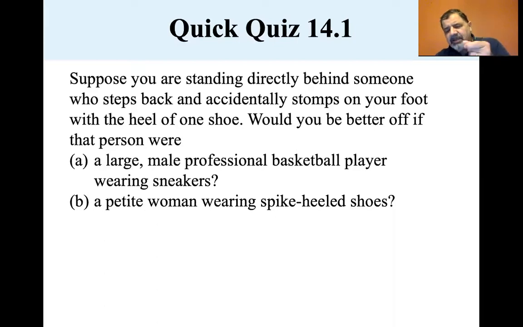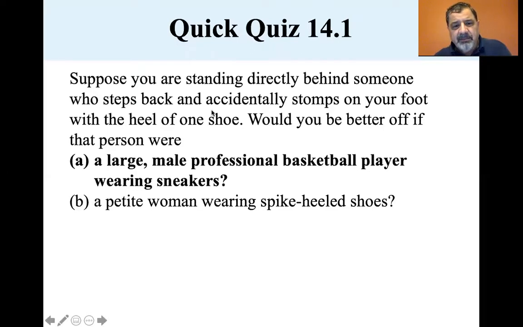As a matter of fact, I think some old museums that have wood floors don't allow spiked heels because they could ruin the floor. So the answer, let's get back here: you'd be better off with the large male professional basketball player wearing sneakers. You would feel less pressure. The woman in the spiked heel would hurt more.